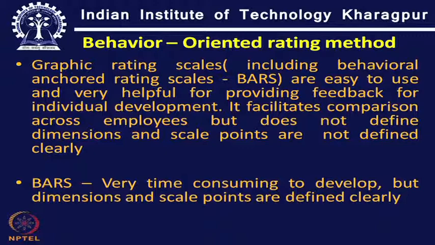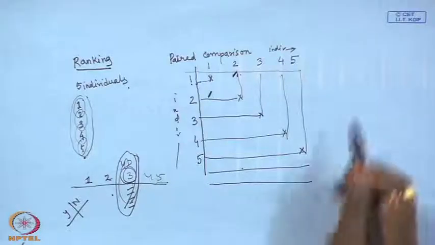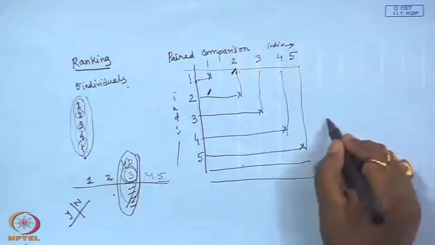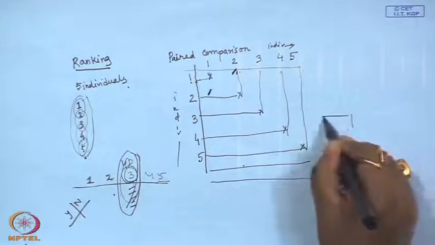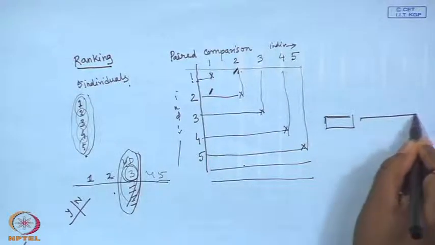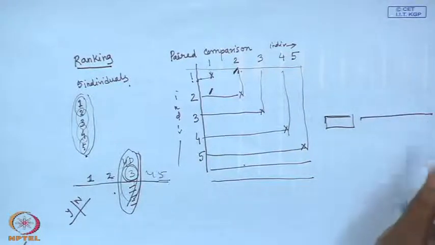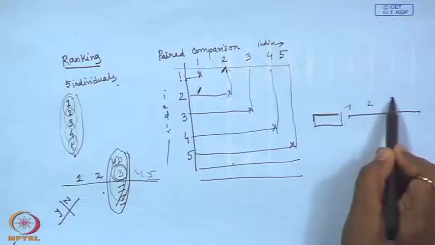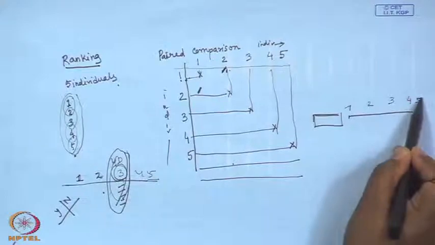So, what happens over here? When you are just using a graphic rating scale, suppose you have an attribute and you are measuring it on a 5-point scale, which is 1, 2, 3, 4 and 5.